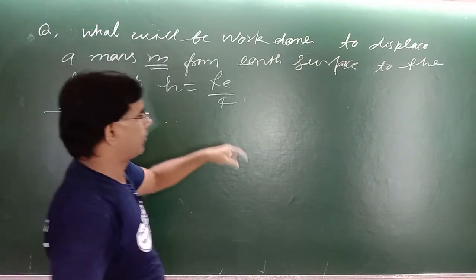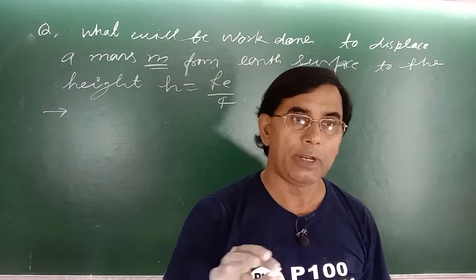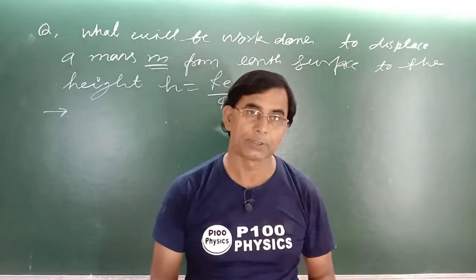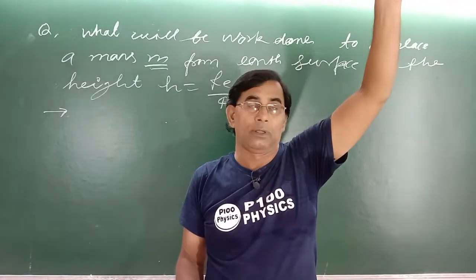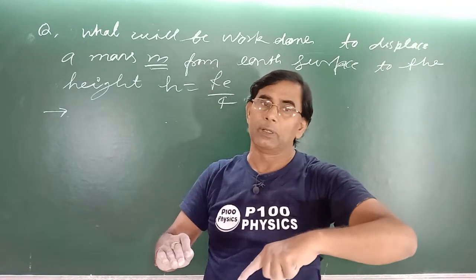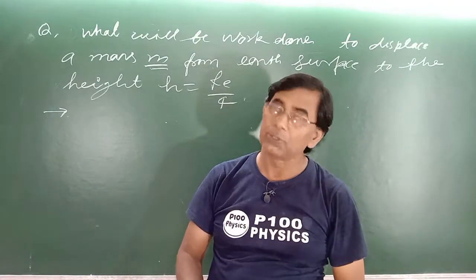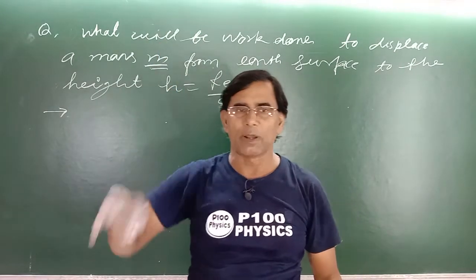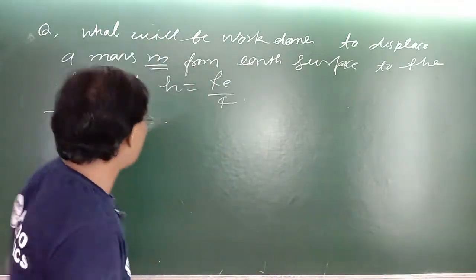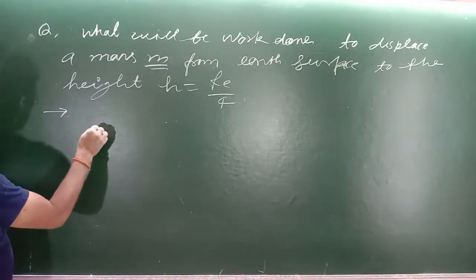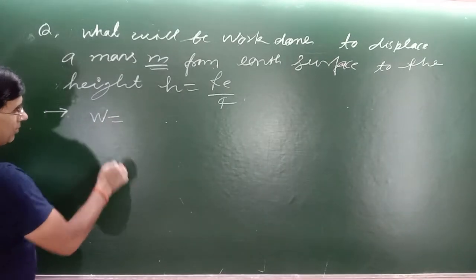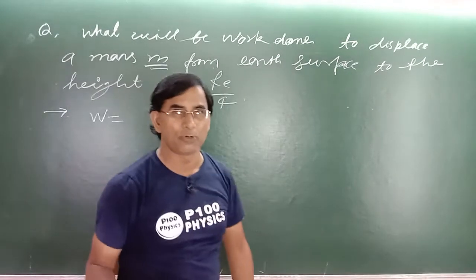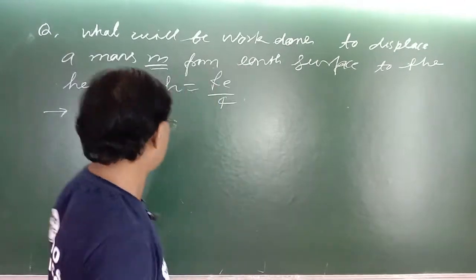Since h equal to Re by 4, you know that when a body is shifting from Earth's surface to any height, what is the work done? What is the formula? There is a fantastic formula. I have described just work done W, that will be just equal to also the change in the potential energy.